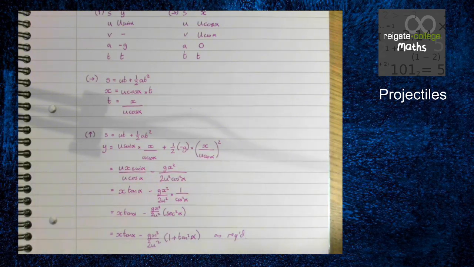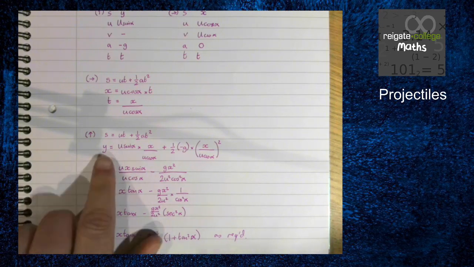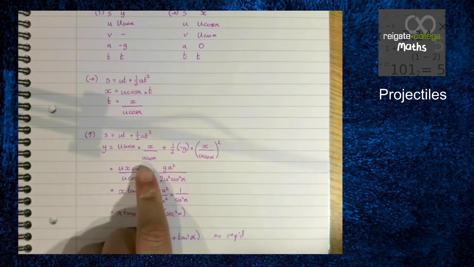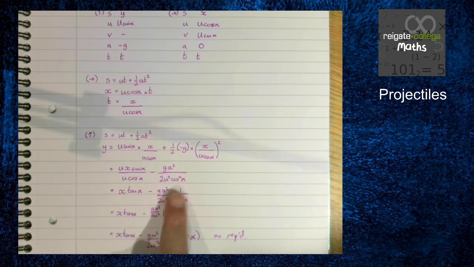But again, the key thing with this question is trusting your algebra. Trusting that you know what you're doing. Even if it feels uncomfortable, even if it doesn't feel right. Like this might not necessarily feel right because it looks like a mess. But trust in what you're doing and trust that things are going to simplify.